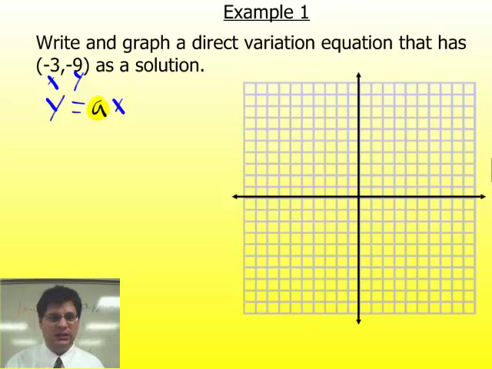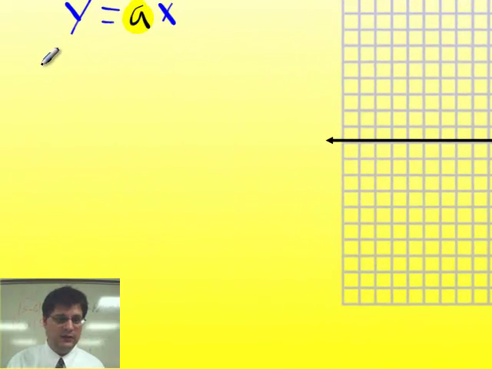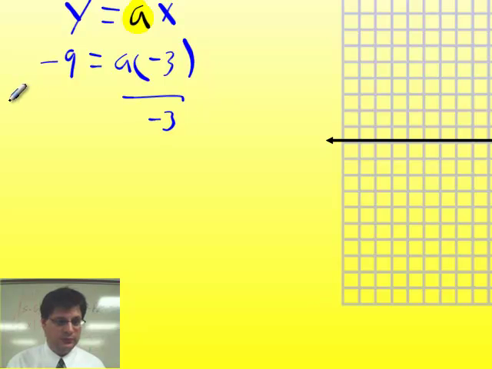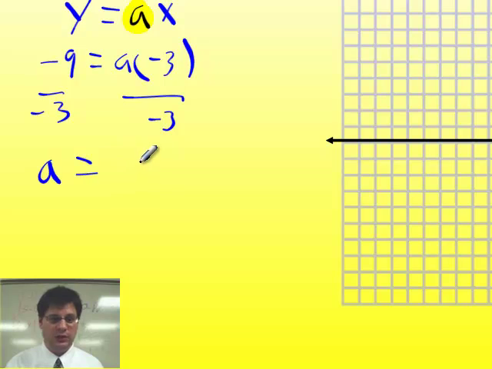We can find that by substituting in our -9 and our -3. So now we just solve for a. I would divide by -3, and thus a would equal +3. So our equation of direct variation is y equals 3x.